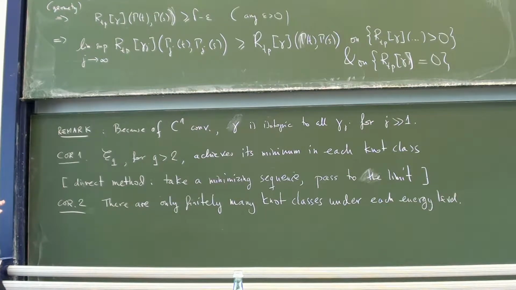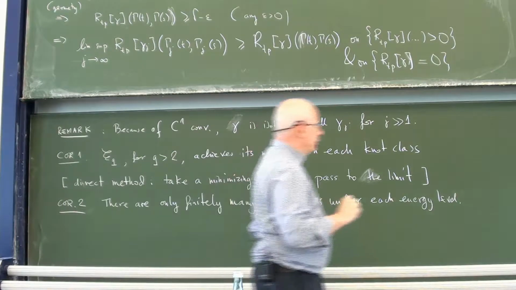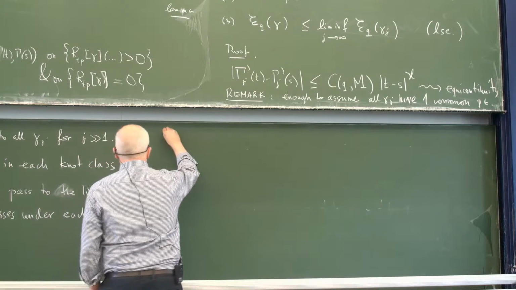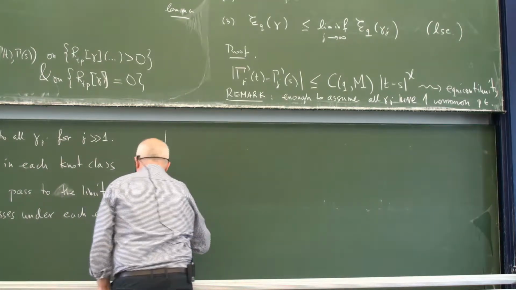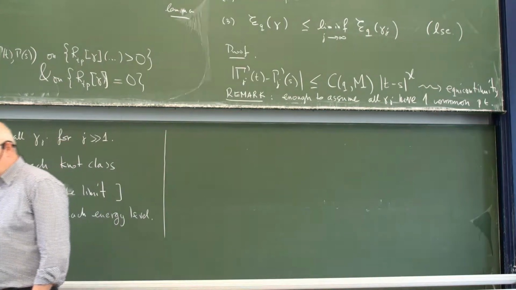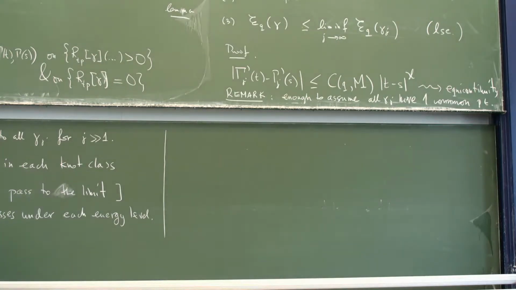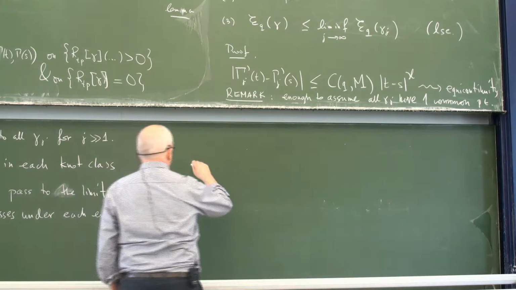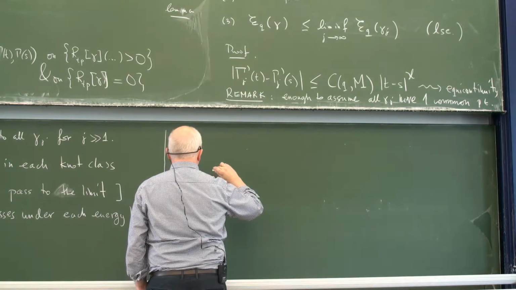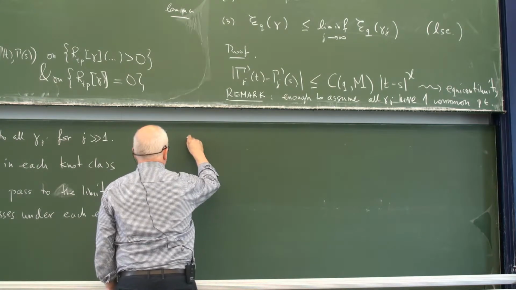But nevertheless, it is possible to show that when you look at the energy minima on different knot classes, this energy can distinguish the trefoil in any configuration from a round circle, from an unknot, just because the energy level is different. And in order to explain this, I need one more definition.